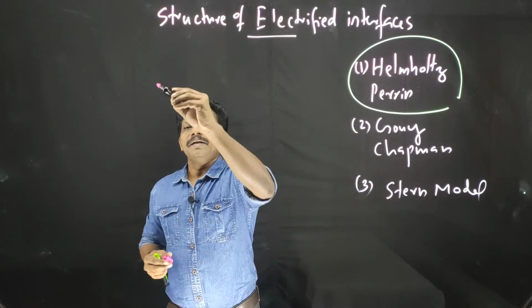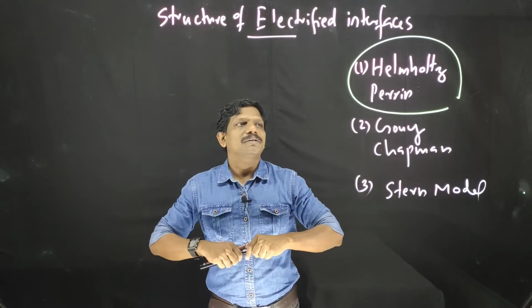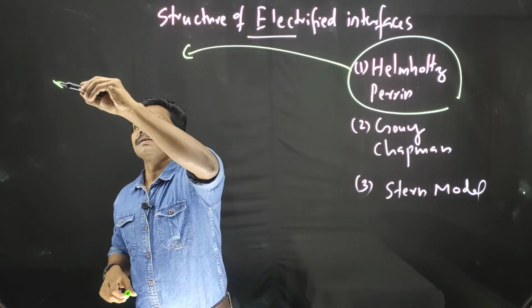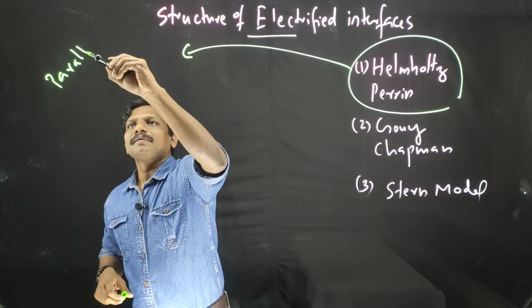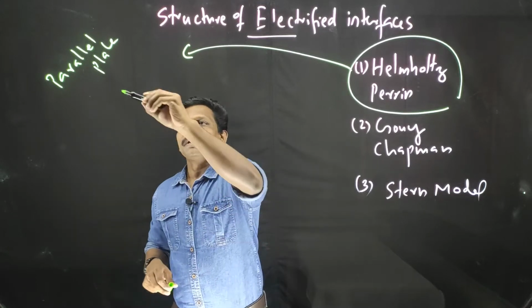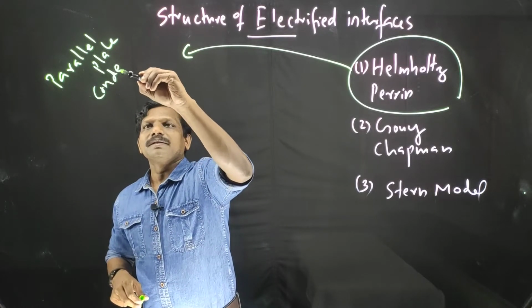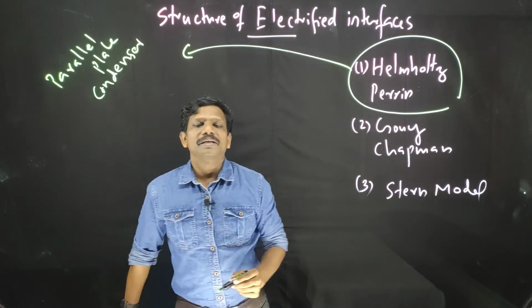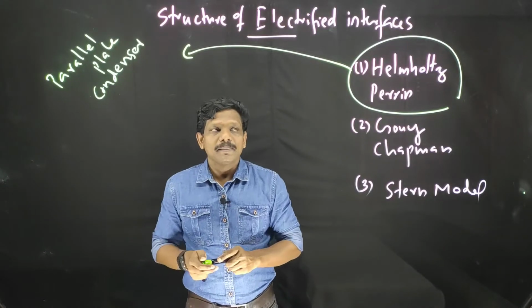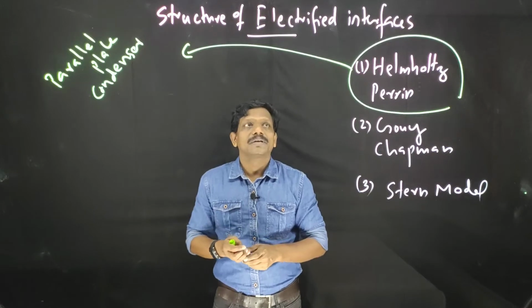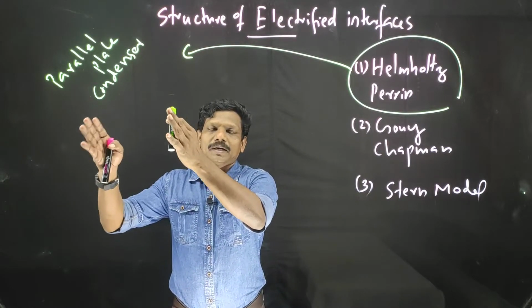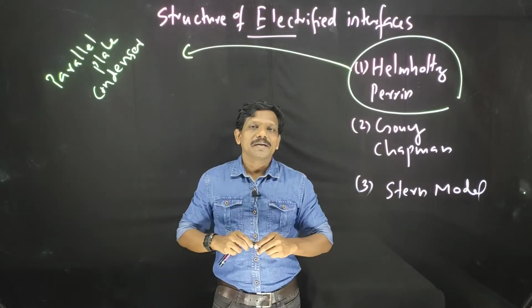Another name of this Helmholtz-Perrin model is the parallel plate condenser model. So what do you mean by this parallel plate? You will see. I already told you about the electrode solution interface.